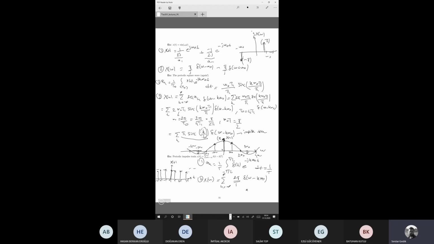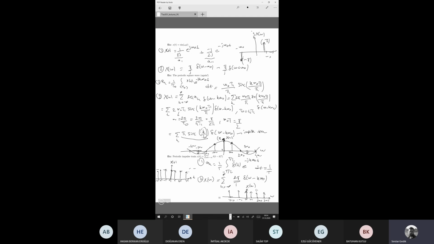So it is my impulse train: 0, omega 0, 2 omega 0, 3 omega 0, minus omega 0, minus 2 omega 0, and it goes on like this.